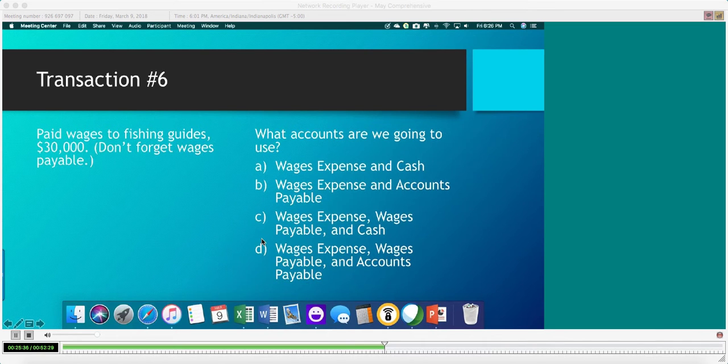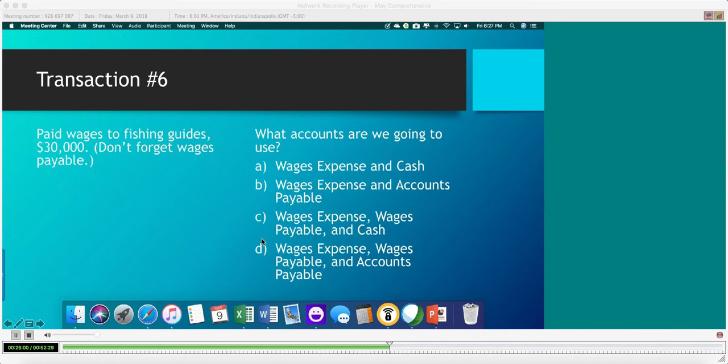So it would be all one transaction. So you would have your wages payable for 500. You would have your cash for 30,000 as a credit, and your wages expense would be the difference between the two amounts. Does that transaction make sense?